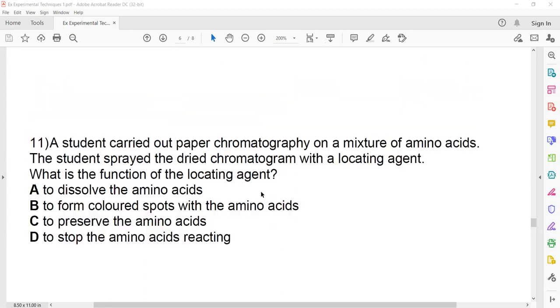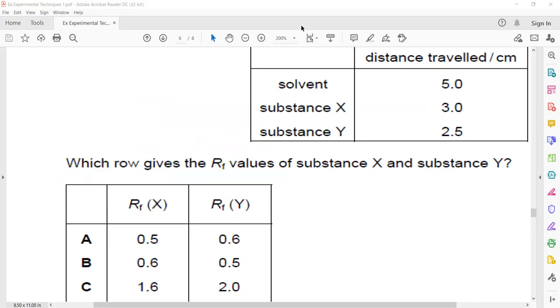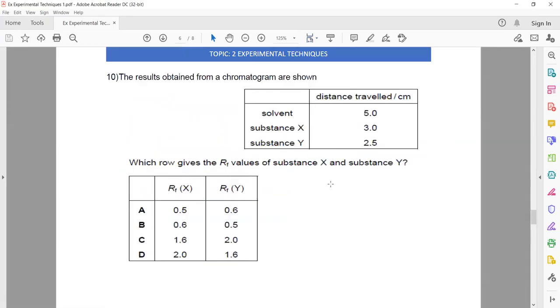If you read the question, RF value for X. So what is the RF value of X? The distance moved by X is 3, and the distance moved by the solvent is 5. So 3 divided by 5 is 0.6. And for substance Y, what is the RF value?